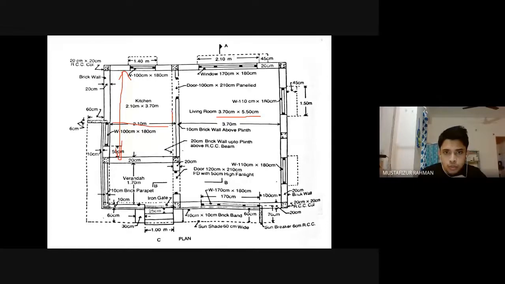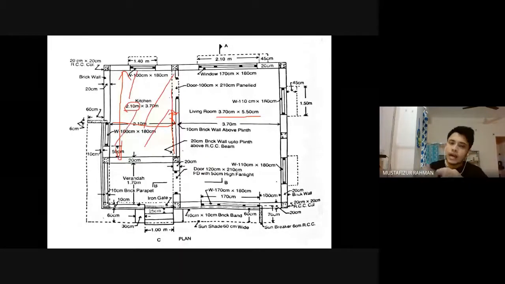But 2.1 is up to here, but already there is plinth from here, right? The plinth is 20 centimeter. Half of 20 centimeter is 10 centimeter. So this portion is 10 centimeter, where there will be already the plinth beam or tie beam. So therefore, we have to subtract from this value 10 centimeter. So it becomes 2 meter for the purpose of earth filling, sand filling, etc.